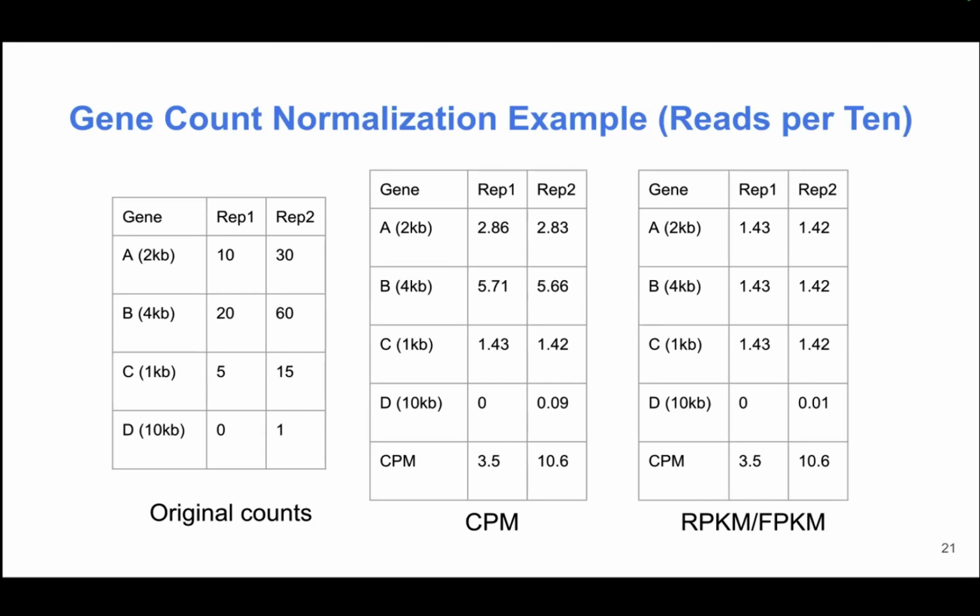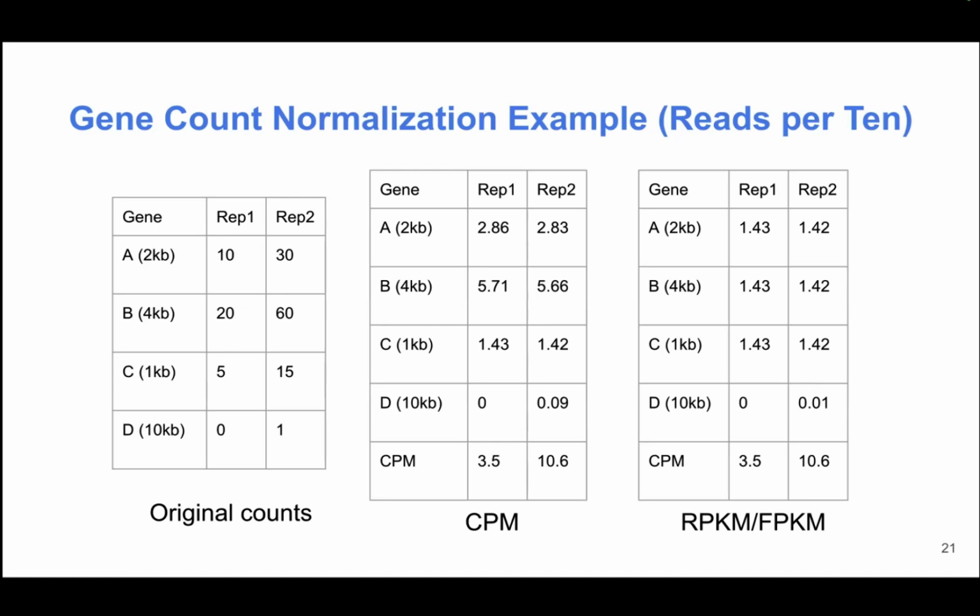Moving on to RPKM or FPKM, we'll actually do the same first step as that CPM process. So we can just use those values as our starting point, and then we'll divide by our length in kilobase for each gene to account for the differences in gene length. So starting from 2.86 for gene A in replicate 1, we'll divide by our length of 2 kilobases, and it'll give us a new RPKM value of 1.43.